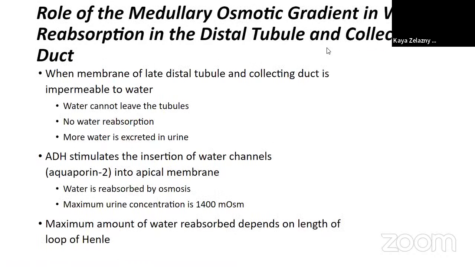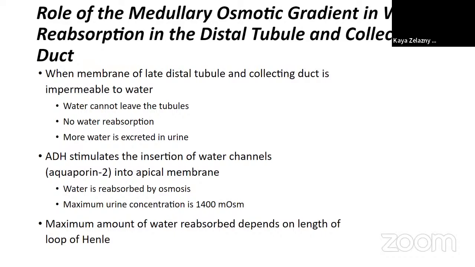So when the membrane of the late distal tubule or the collecting duct is impermeable to water, meaning we don't have that aquaporin 2 there, that means that water can't leave the tubules because it can't get into the cells surrounding the tubules, which means that no water is moving from that filtrate into the plasma. Which means that that water is staying in the filtrate and is therefore staying in the urine, right?